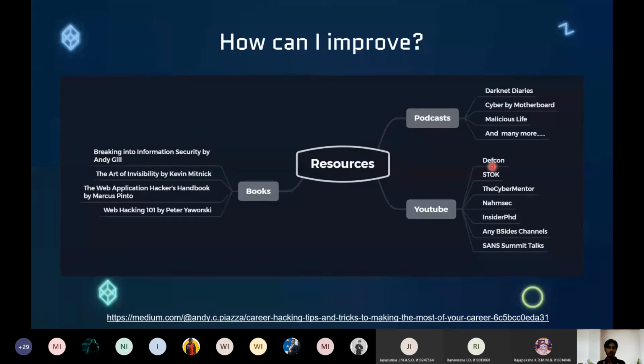In parallel, there will be so many tracks, if you're into offensive, it will happen for 3 days in parallel with the blue team track. And there are so many, I think either 15 to 20 tracks happening at the same time. Even if you can't go to the US and buy the plane ticket and the conference ticket and watch the talk, they would record it every year and put it on the YouTube channel. So I highly recommend you go and watch it.